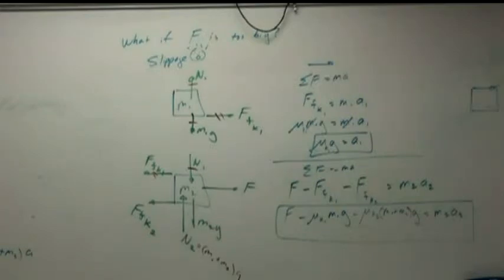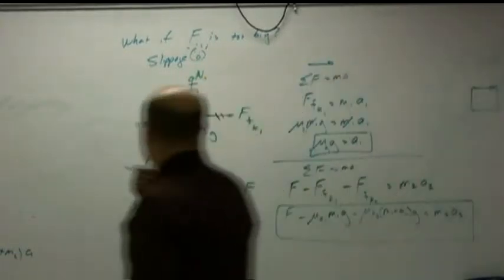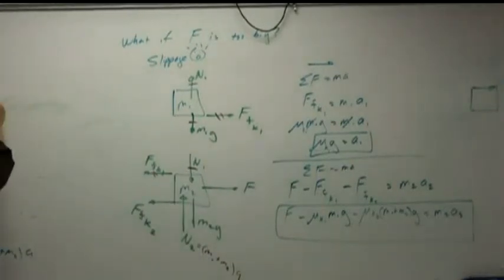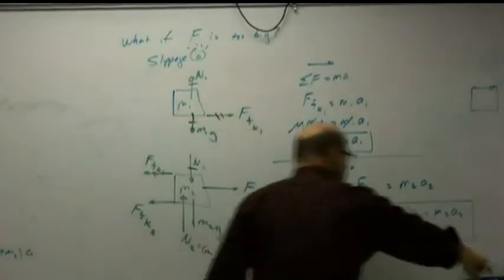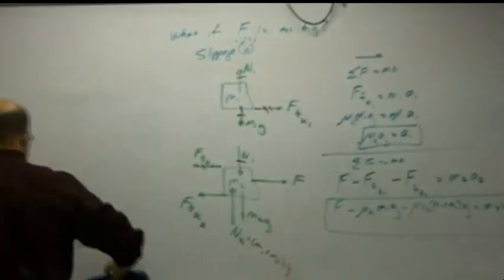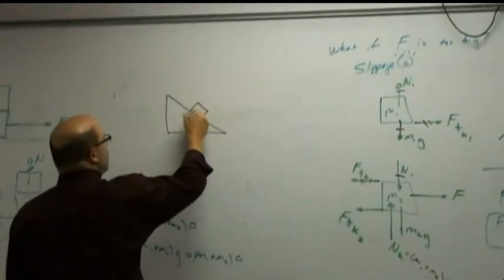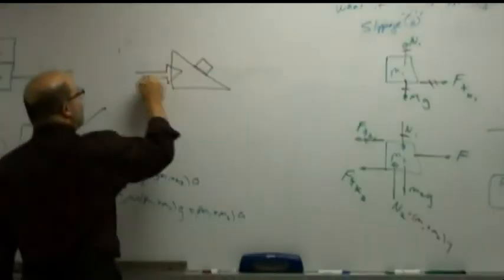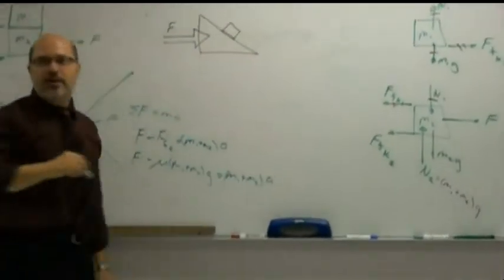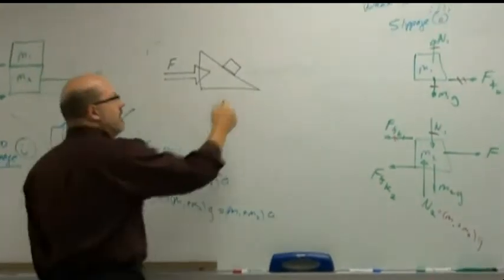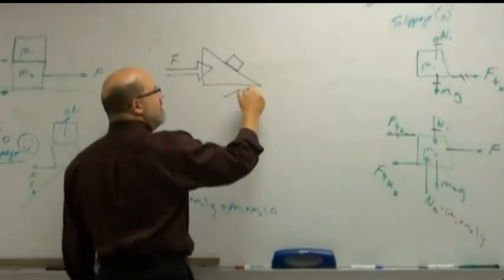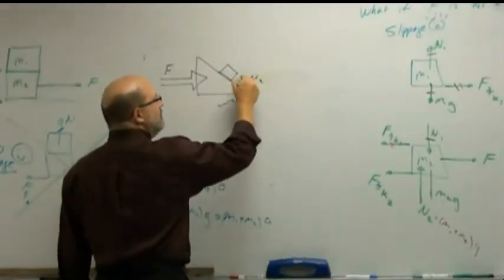Slippage in all its wonder. And if you really want something weird, do a problem like this: slippage on an incline. You have a coefficient of friction here and a coefficient of friction here, at an angle.